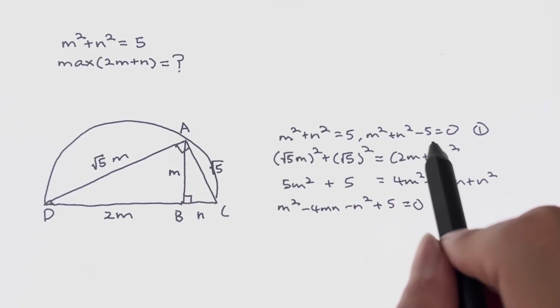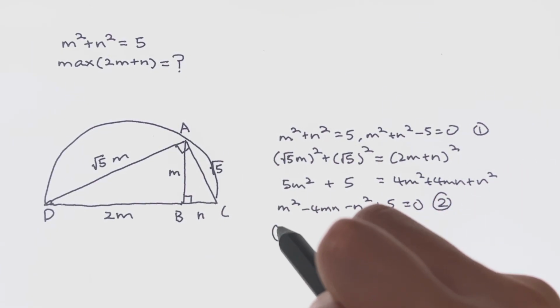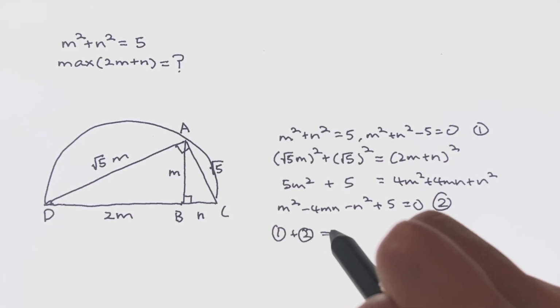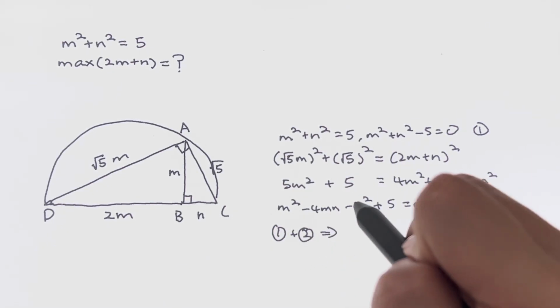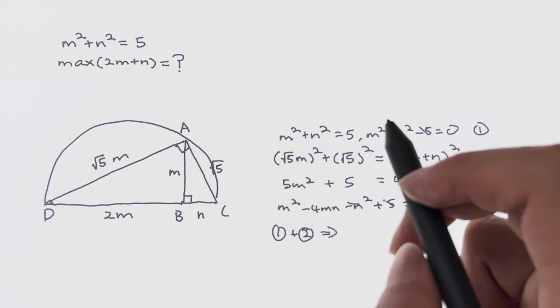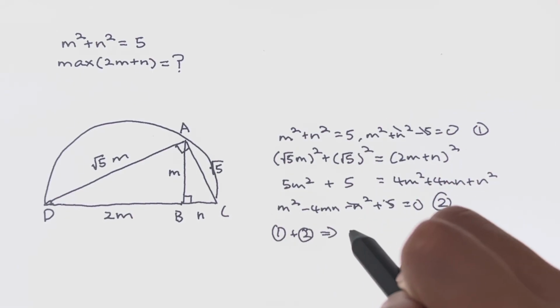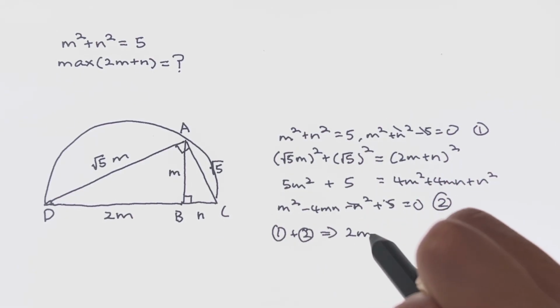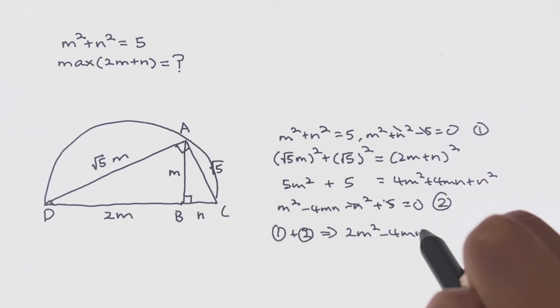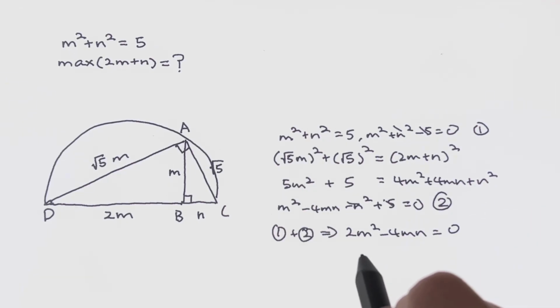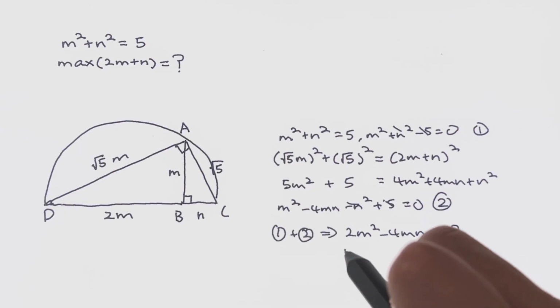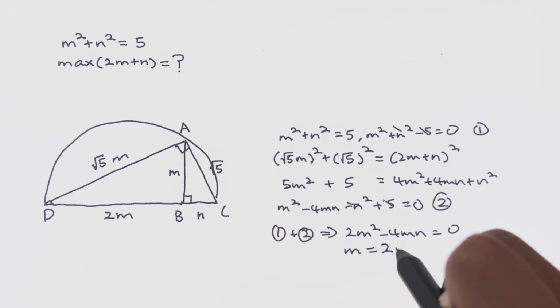We're going to cancel out the terms, so we can add equation 1 and equation 2 to cancel out the n squared term. So these cancel out, and we are left with 2m squared minus 4mn equals 0. 2m squared equals 4mn. So we can get that m will equal 2n.